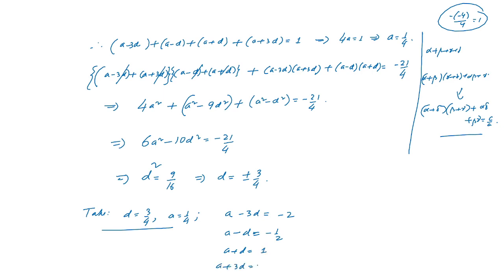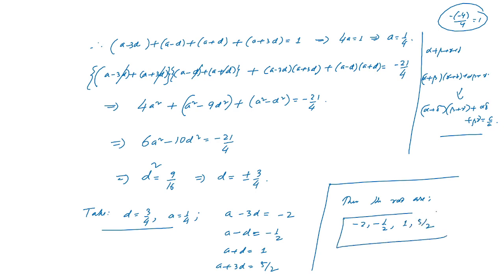And a plus 3d, that will be 5 by 2. Just put the value of a and d. So what are the roots? So what will be our answer? Thus the roots are minus 2, minus half, 1 and 5 by 2, and they are basically in arithmetic progression. So this is our answer. Thank you so much.